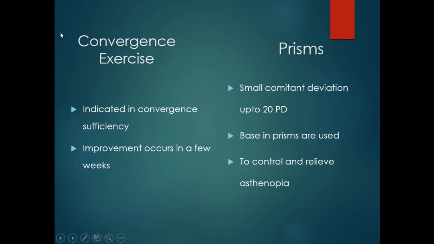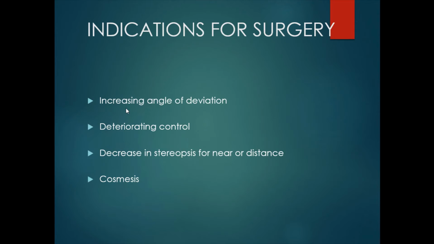This can be done with the help of convergence prisms, exercises, and then you have the pencil push-up exercises, and then the base-in prisms, and mainly this is to control and to relieve asthenopia. So what are the indications for surgery?